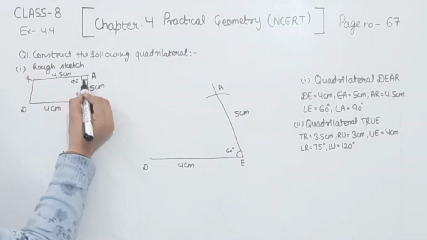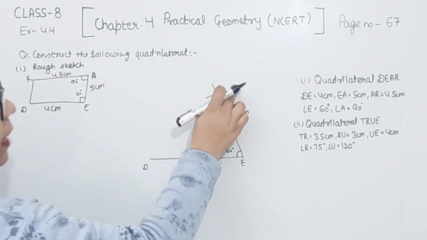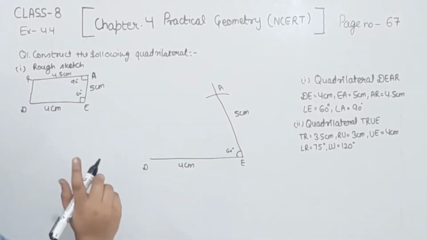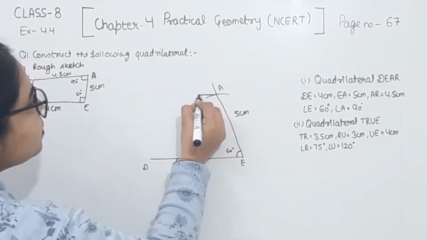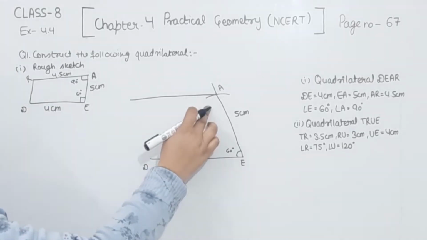Now angle A is equal to 90 degree we are having. Now at the point A we are going to construct the angle of 90 degree with the help of compass or DD both we can construct this one. So suppose this is the angle of 90 degree we are having.